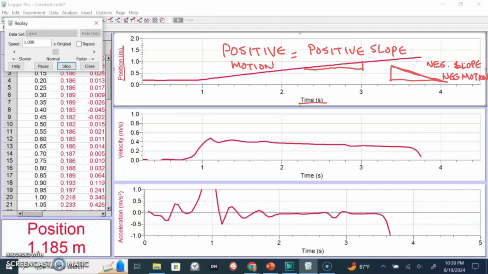So since we have positive slope, that means the object is going in a positive direction. As another example, if we had a negative slope, we would have negative motion. The car would be going in an opposite direction. If we had, say right here, where we have a zero slope, we have zero motion.